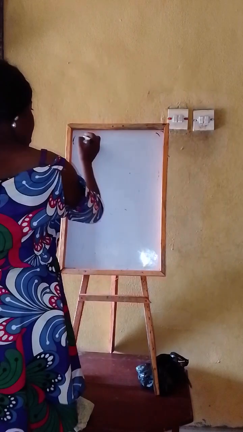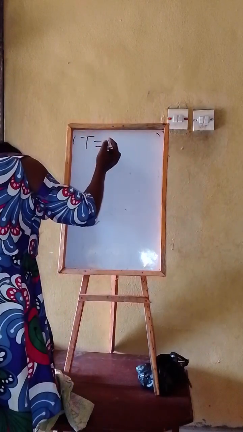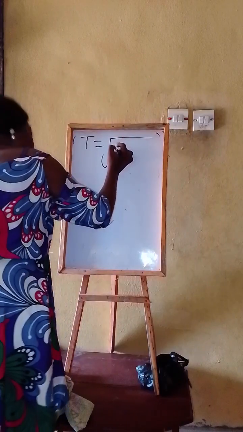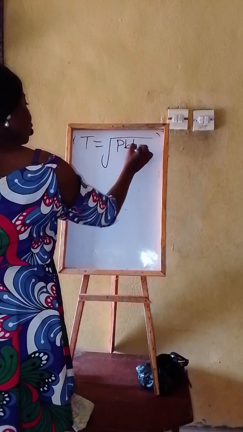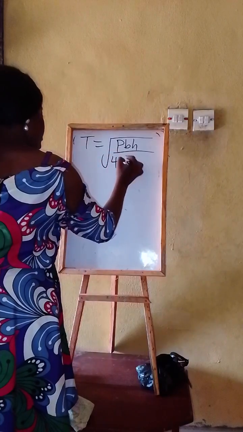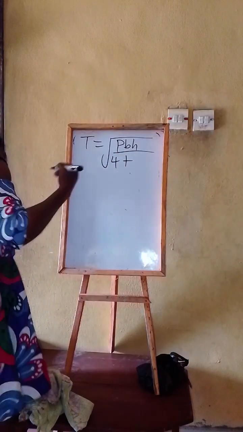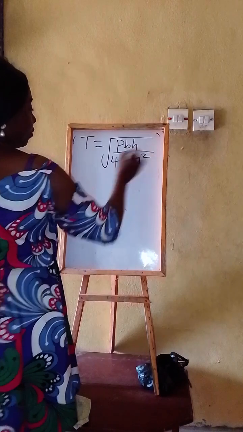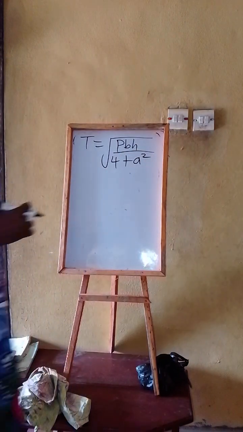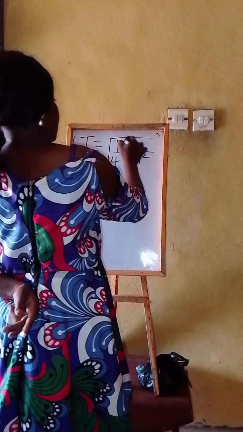We have t equals square root of pbh over 4 plus a squared. We want to make p the subject.